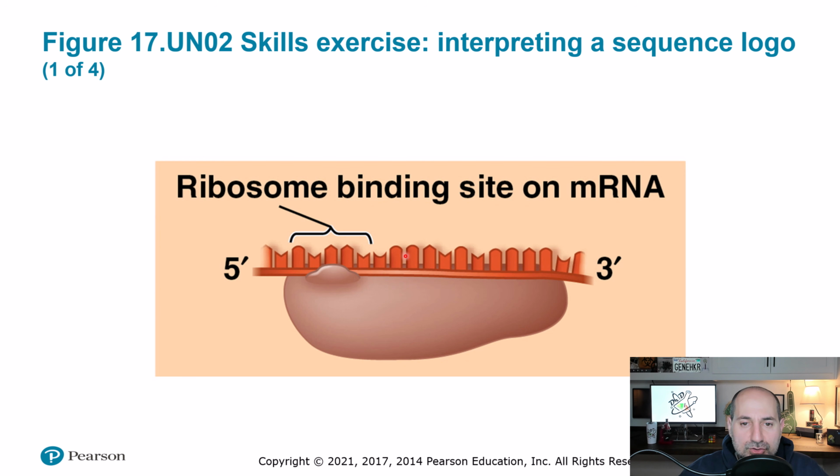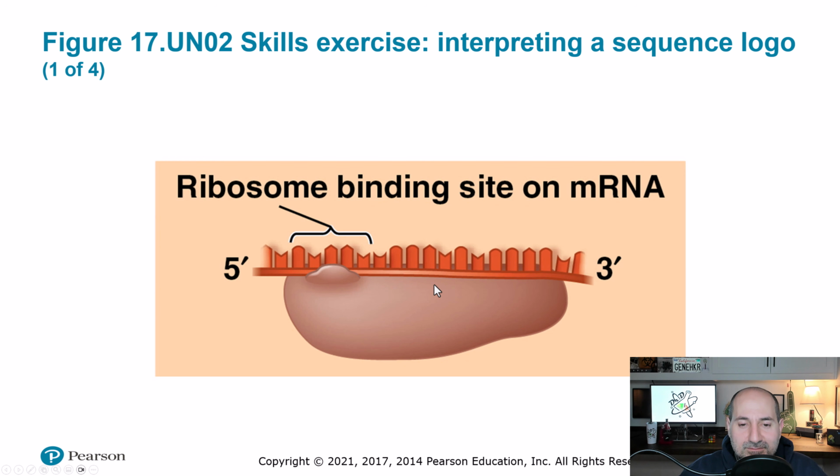It's not going to start translating right away, is it? Which codon do you think the ribosome is going to search for? And when it does, the ribosome slides through the message. The ribosome moves from left to right. It reads through the mRNA, and it's searching for a particular codon. What codon do you think that is?